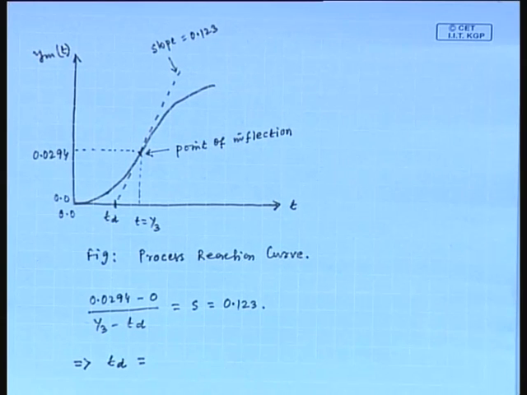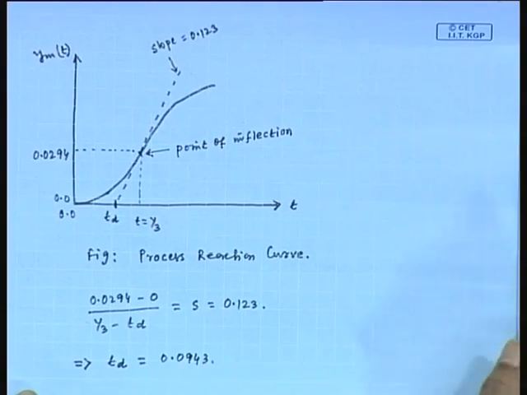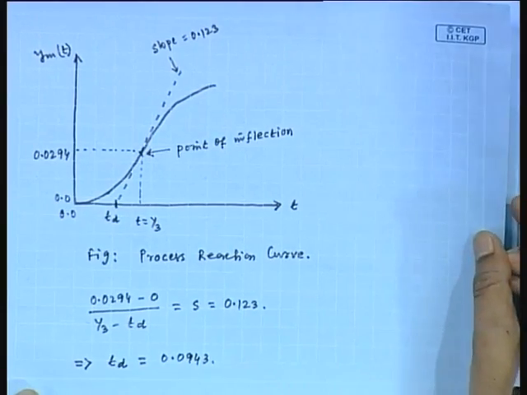How much is that? 0.0943. So, we obtain the dead time 0.0943. Can you determine the ultimate value of Ym(t)?